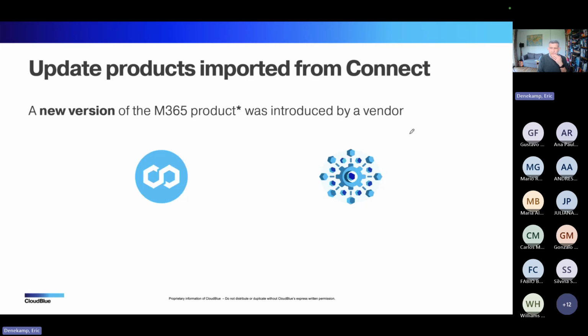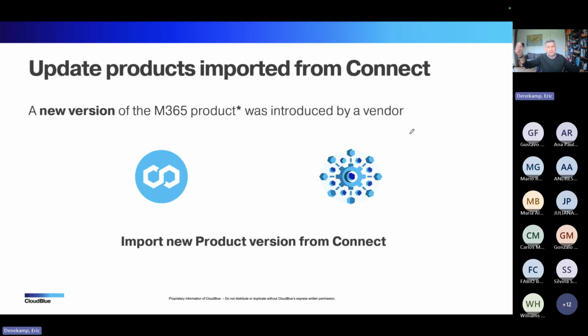So what happens to receive updates from CloudBlue Connect? What are you going to do? In UX 1 for providers, you import a new product version first, because that is what you might see. Hey, there is a new version. You heard from Microsoft that they are adding extra SKUs. So that means that they have to create it in Connect first. Then that product has to be published.